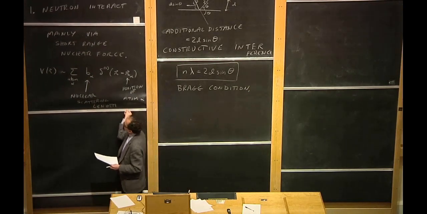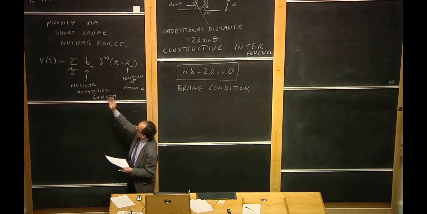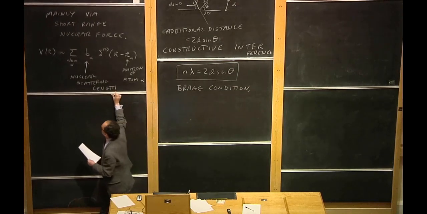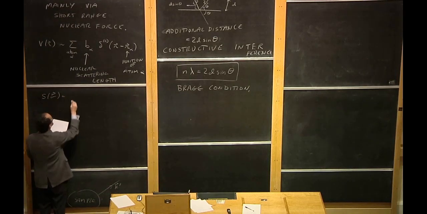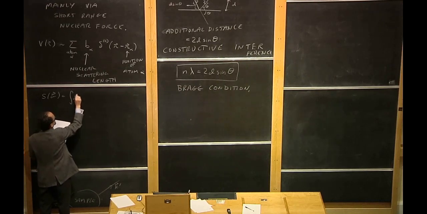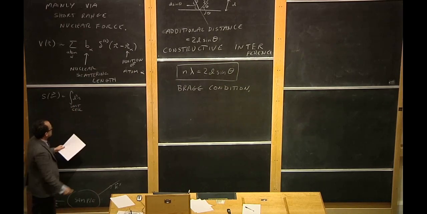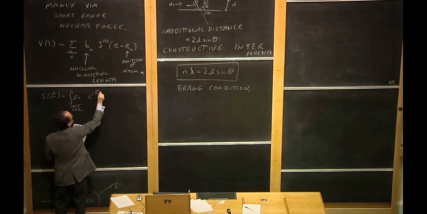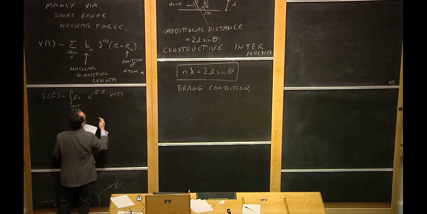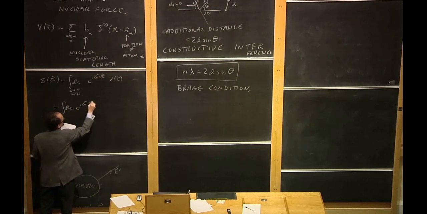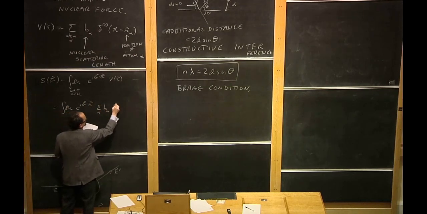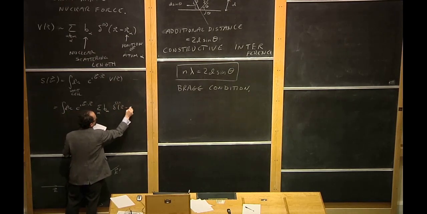But given this functional form of the interaction with the nuclei, we can then calculate the structure factor S of g, which, remember, by definition is the Fourier transform in the unit cell, the integral d3r of e to the i g dot r times V of r, something we derived last time. If we plug in the form we just wrote down above, we have the sum over alpha of B alpha times a three-dimensional delta function, r minus r sub alpha.